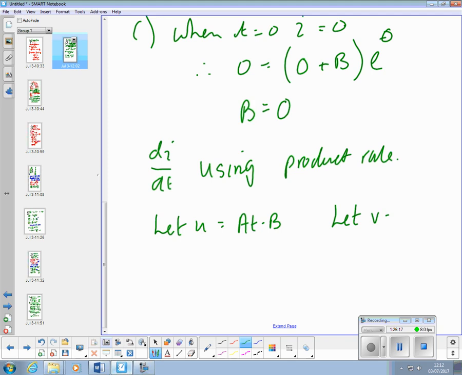Let v equal e to the minus 500t. du by dt equals, differentiate that, the constant disappears, doesn't it?